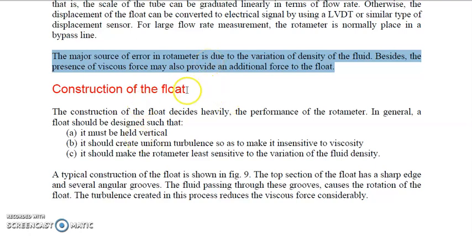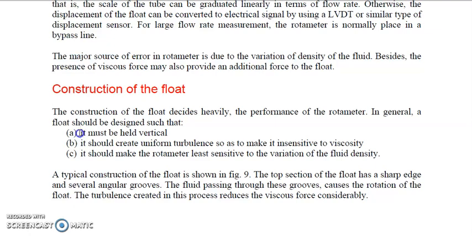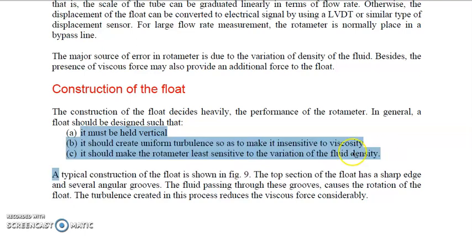So while designing the float, we have to keep in mind these design considerations: the float should be designed to head vertical. It should create uniform turbulence so as to make it insensitive to viscosity.